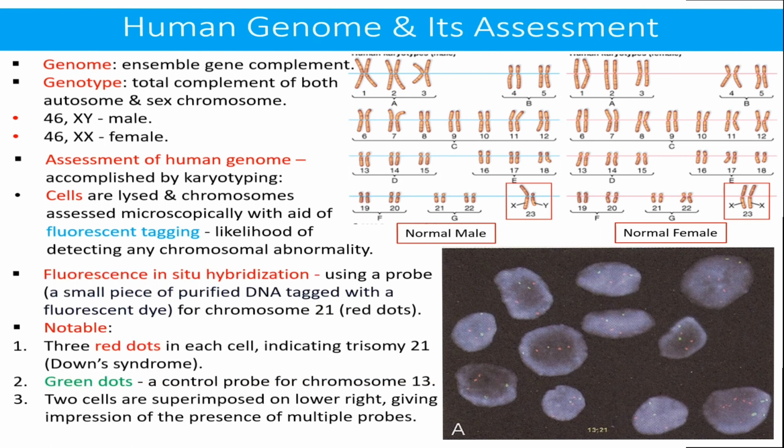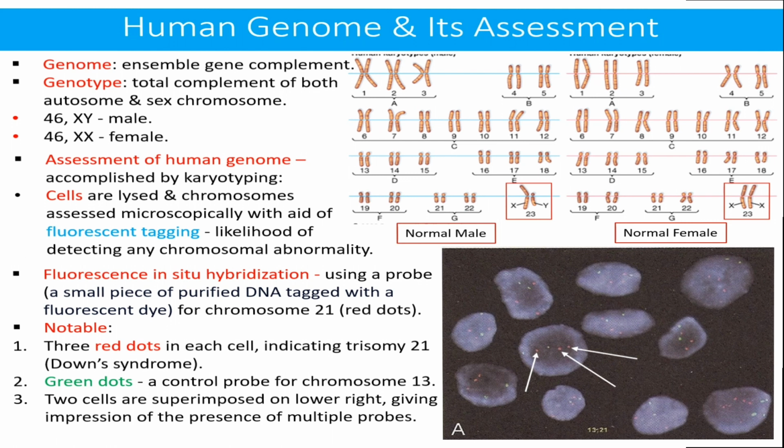Now, how is this process accomplished? Fluorescence in situ hybridization is performed by using a probe for chromosome 21, as indicated by red dots in the lower diagram.